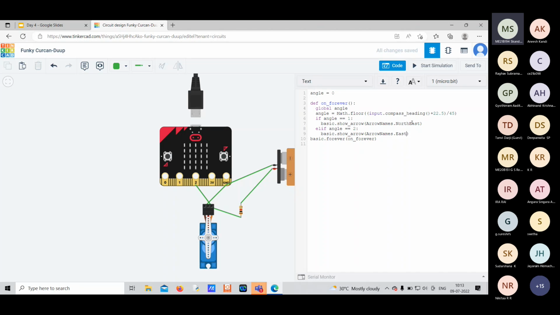So when you're going to have your 45 over here, is it 45? And so whenever it's going to cross your threshold value of 67.5, you should have it as east. So basically from this direction should be your east.